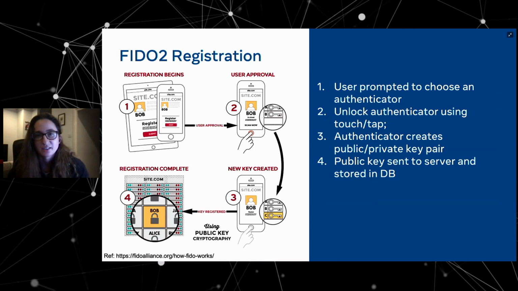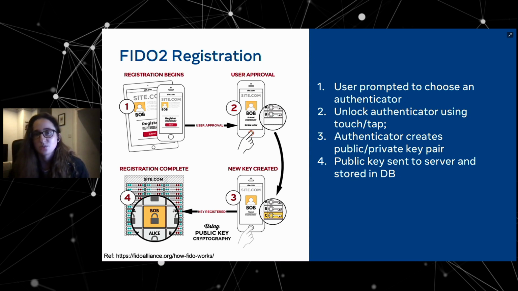So what does this look like? This is from the FIDO Alliance website, if you want to read more about it. But in terms of registering a FIDO2 authenticator, this diagram shows a smartphone, but this could easily be a YubiKey plugged into your machine or a touch bar on your Mac. In the case of registration, if more than one authenticator is plugged into the machine, the user will be prompted to choose an authenticator.